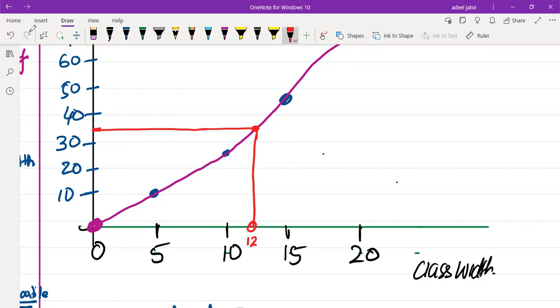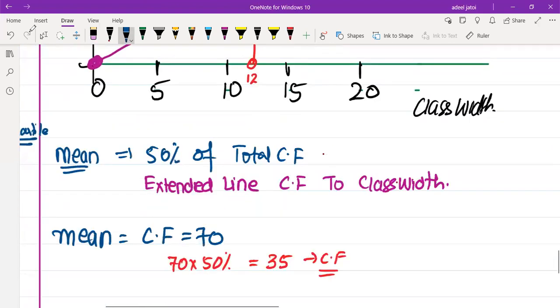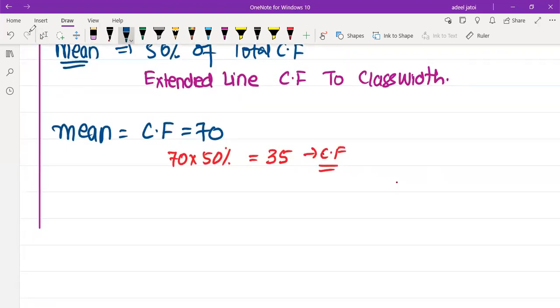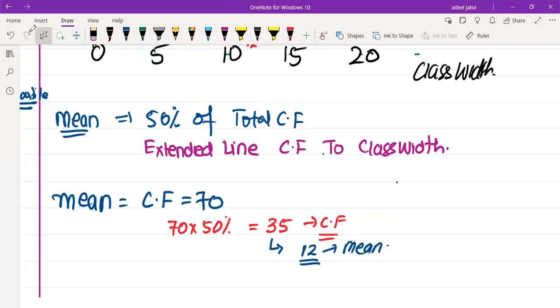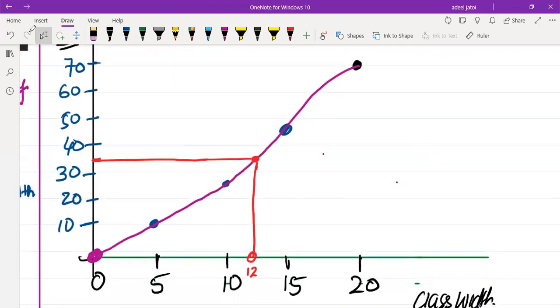So your mean for the question will be, when we extended the line, we got 12. So 12 will become your mean. So that means for each answer of the percentage, the answer of the quartile, because percentage is quartile here, will be extended from the cumulative frequency line to the cumulative frequency curve. I'll just say it again.